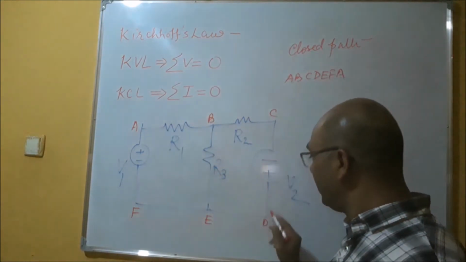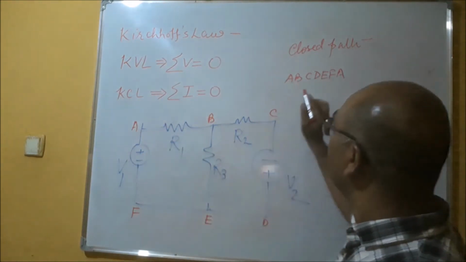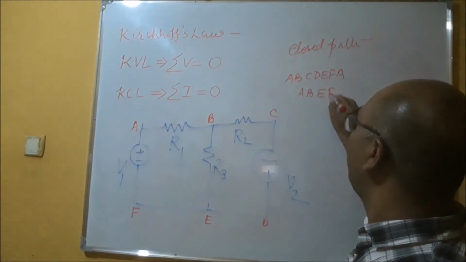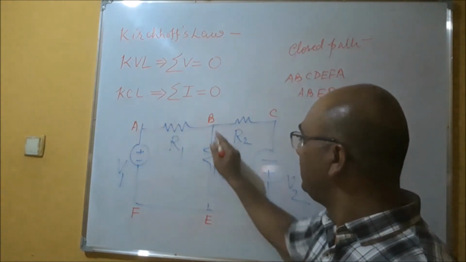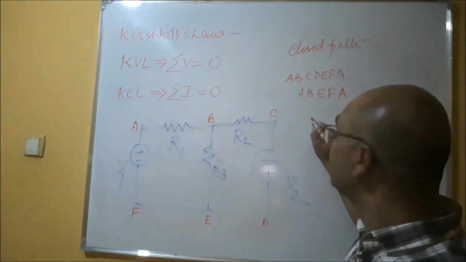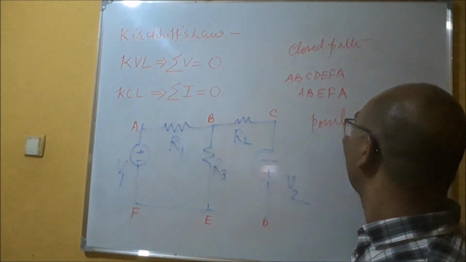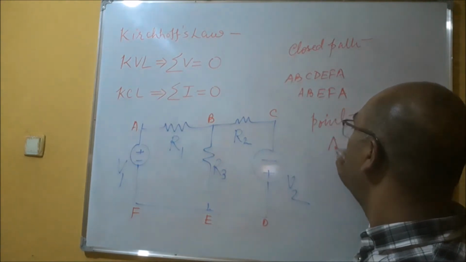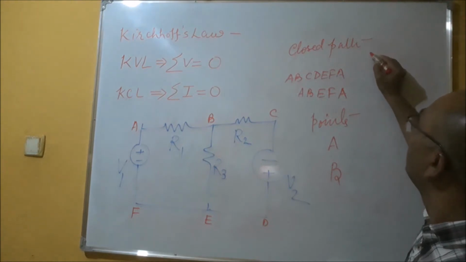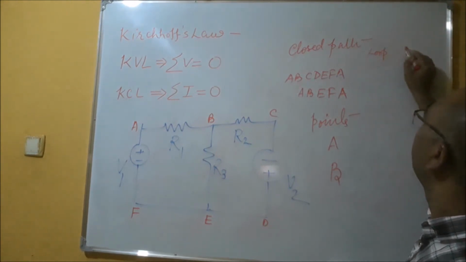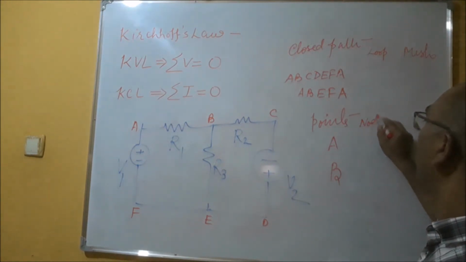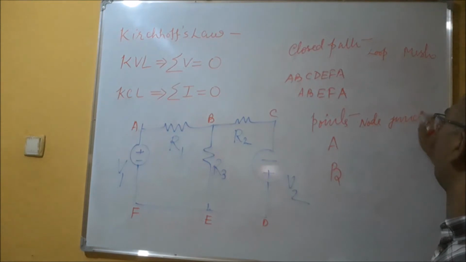The second is A, B, E, F, A. Similarly, we see two points, suppose point A and suppose point B. I just want to check loop and mesh, and here node and junction.